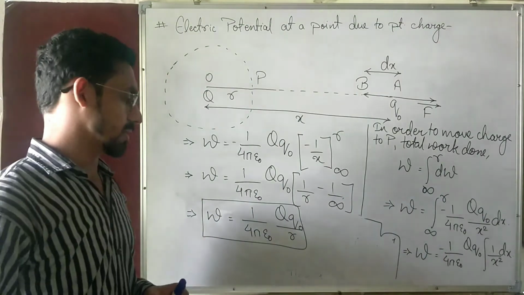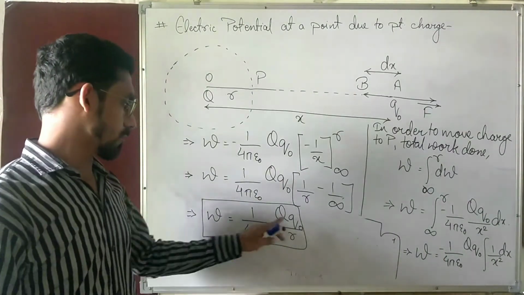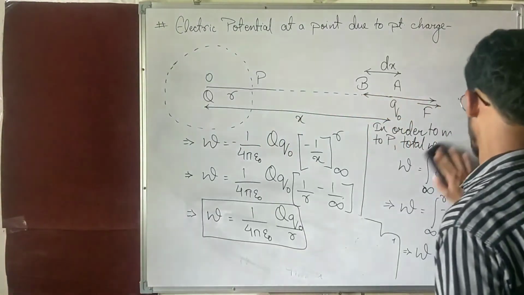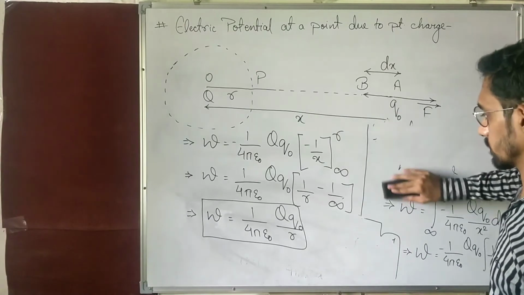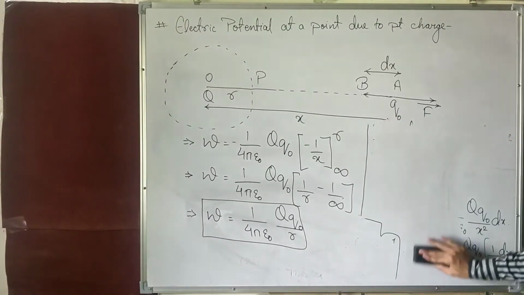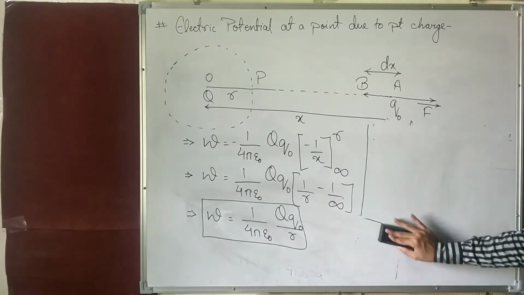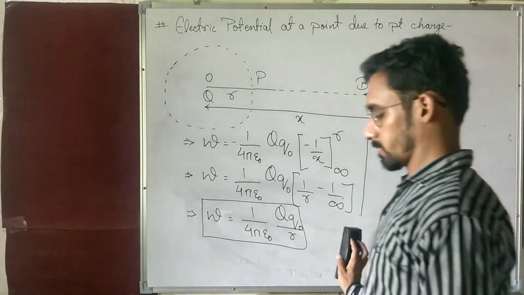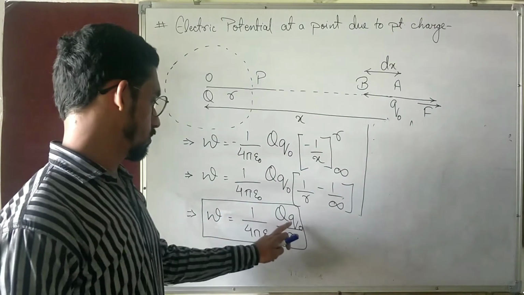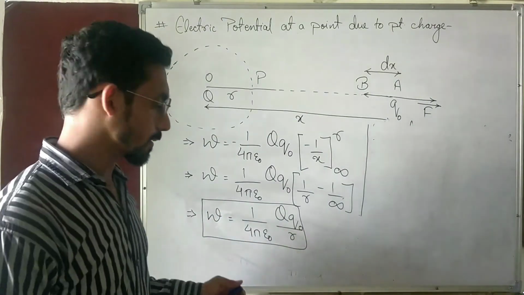We all know that the work done upon a test charge is related to electric potential. So as we know, W upon q naught is equal to the potential at that point.